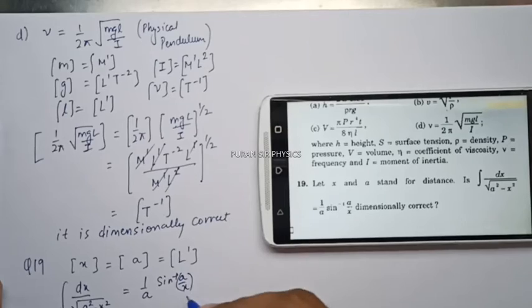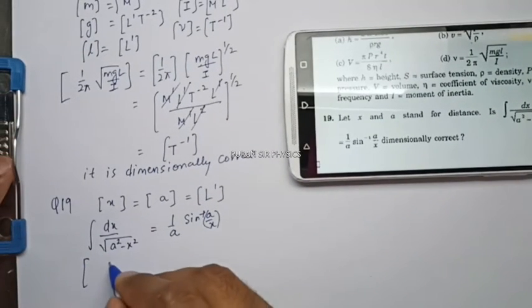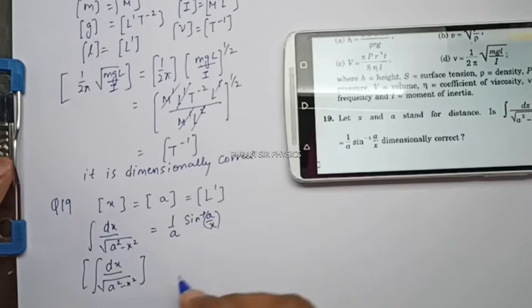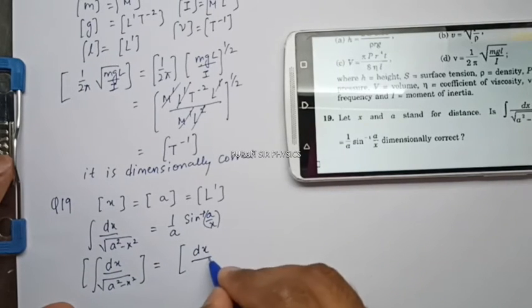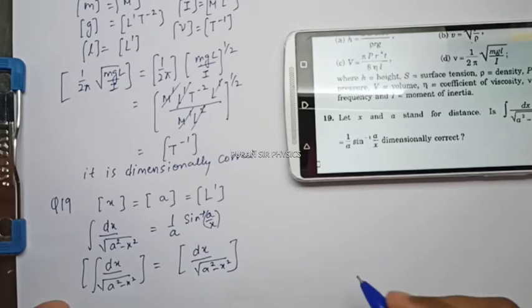Okay, so the dimension of the integral of dx upon square root of a square minus x square will be equal to the dimension of dx upon square root of a square minus x square.